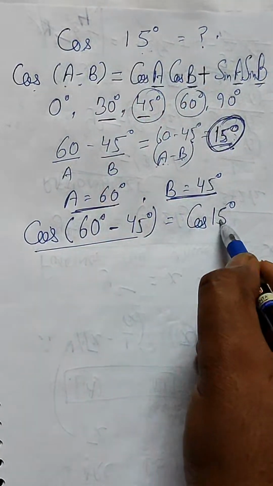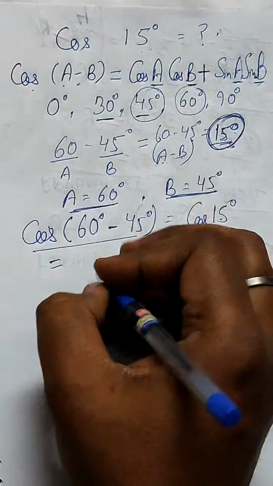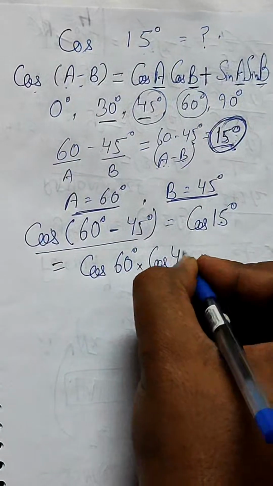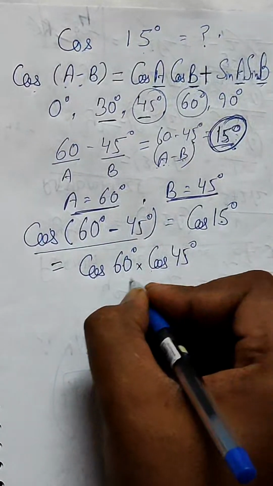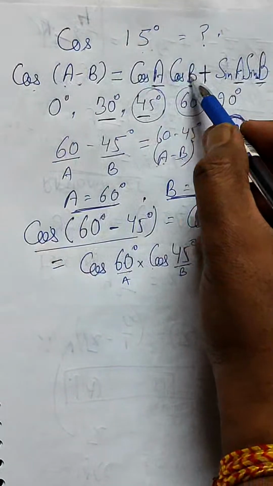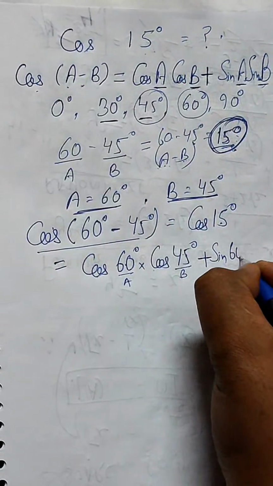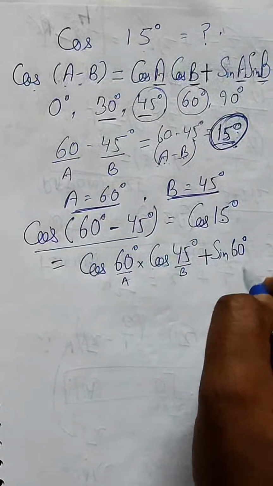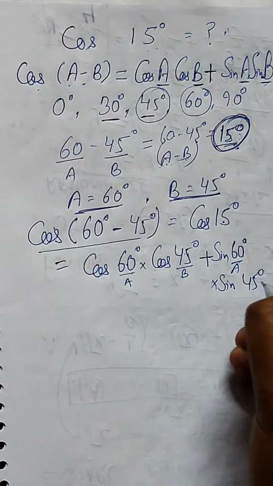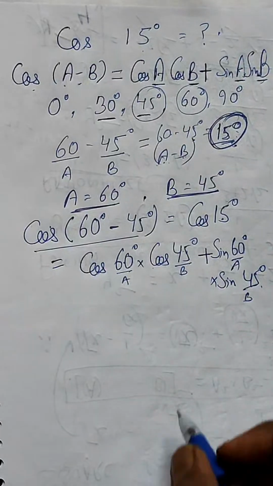Using the formula cos A cos B plus sin A sin B, we can write cos 60 degree into cos 45 degree, plus sin 60 degree, this is A, into sin 45 degree, this is B.